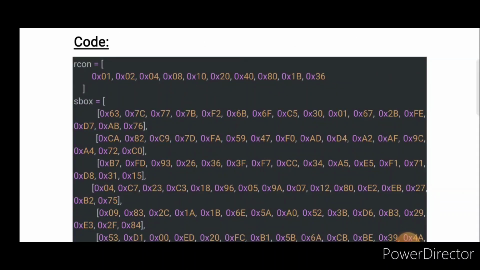Here is the code. Firstly, RCON stands for round constants, and these constants are used in the key expansion process of AES.